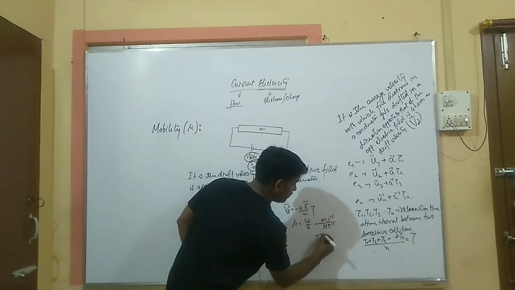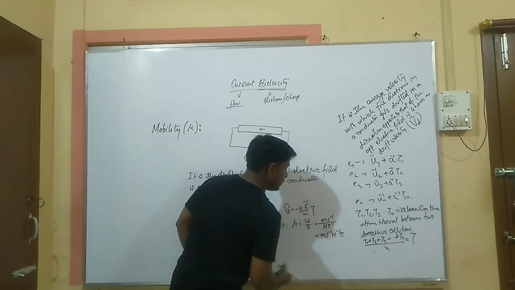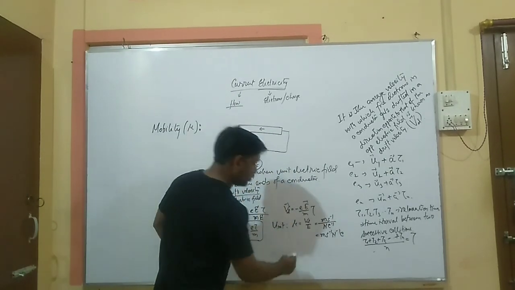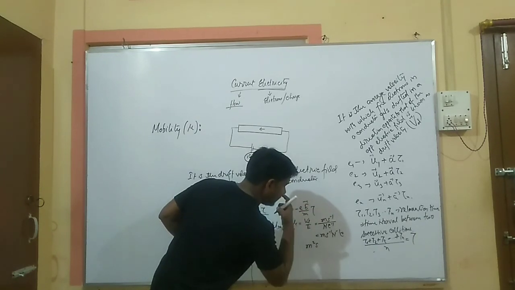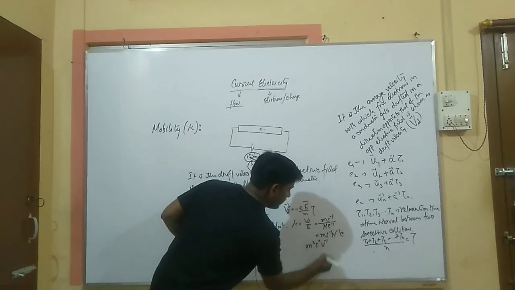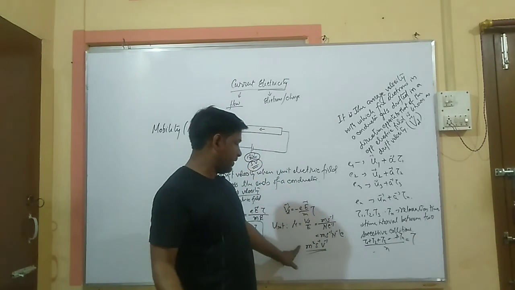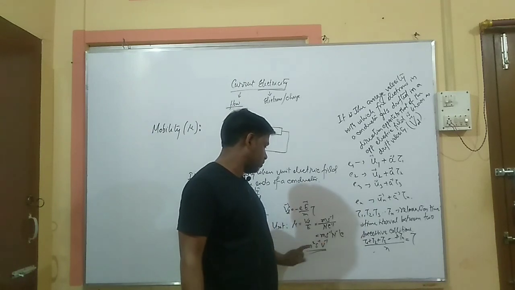So the expression becomes meter per second per Newton per coulomb. This is the unit of mobility. Another older unit is meter square per second per volt. Try to convert this unit into this form.